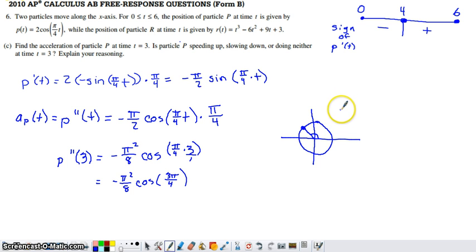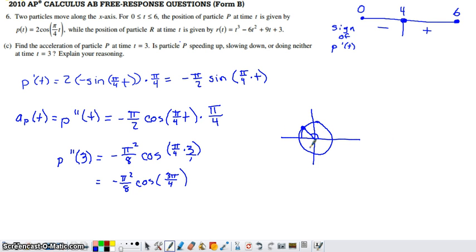It's not that nice of a situation because we don't sit at one of these nice locations on the x-axis or the y-axis. So we're going to have to figure out what the x-coordinate of this point is, since we want to know the cosine of that angle. I think we can use our left hand trick, or if you remember your 45-45-90 ratios, you would be able to use them to help you figure out what the x-coordinate of that point is.